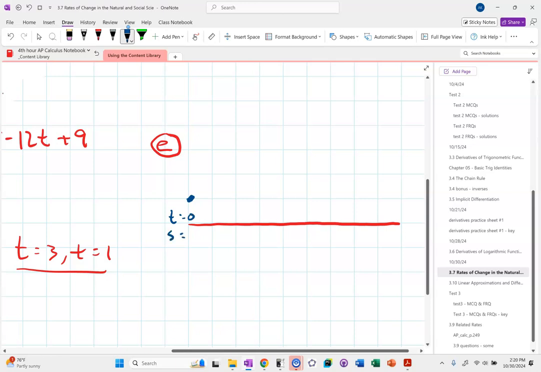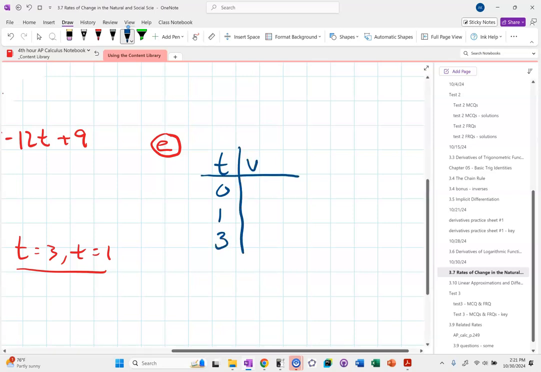T equals 0 and S equals 0 here, right? Actually, let's do T equals 0, 1, and 3, and then I want the position at those.